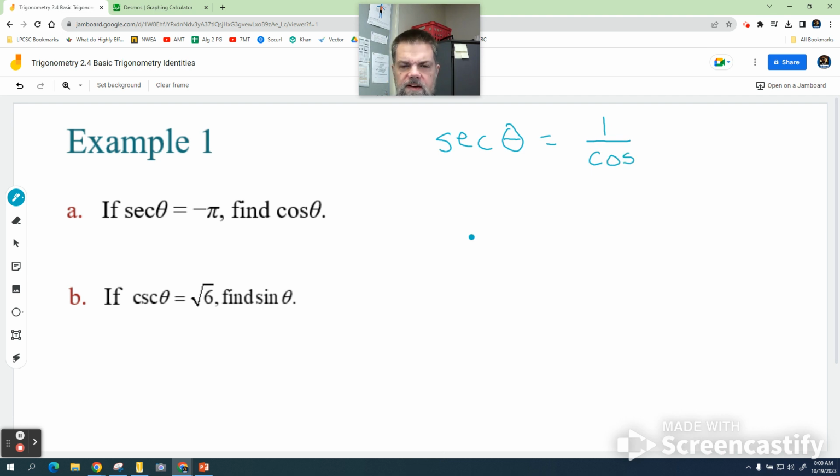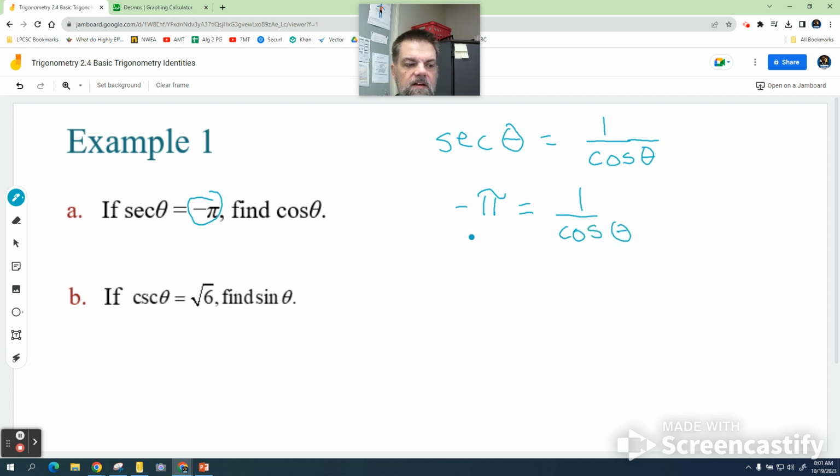Yeah, 1 over cosine. And I'm asked to find that. But what did we say secant of theta is? Well, secant of theta is equal to negative pi. So I say negative pi is equal to 1 over cosine.